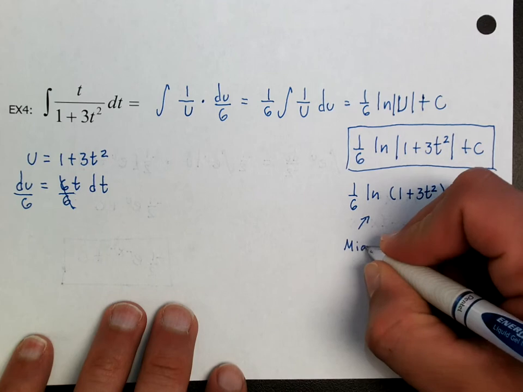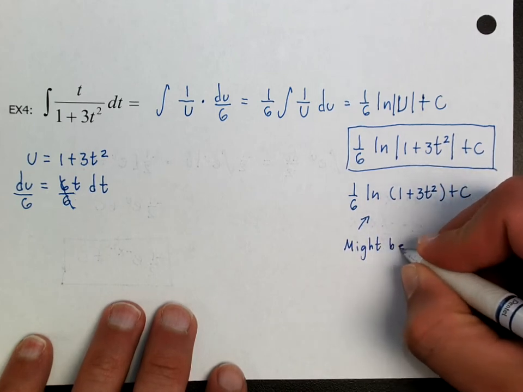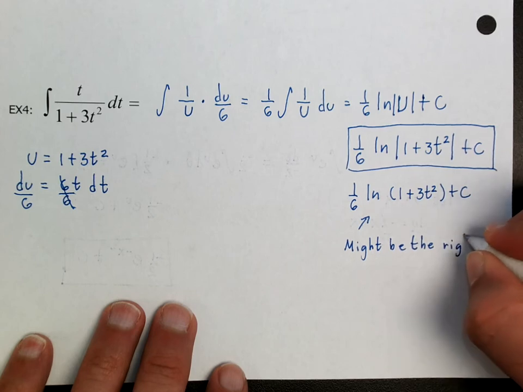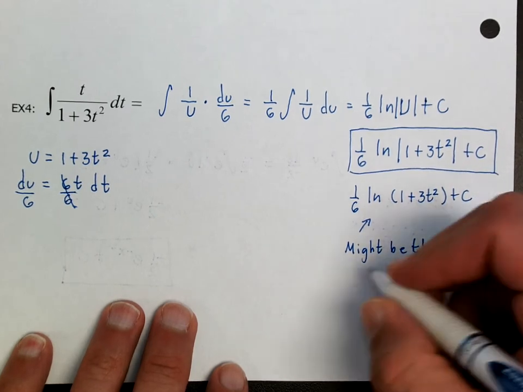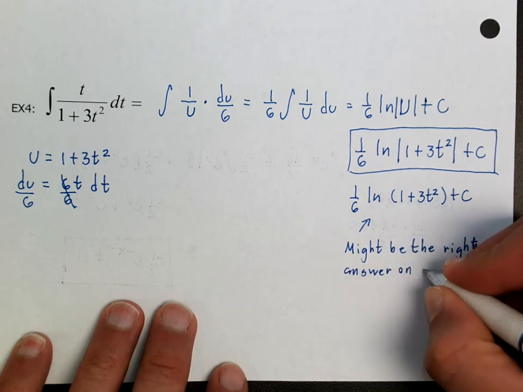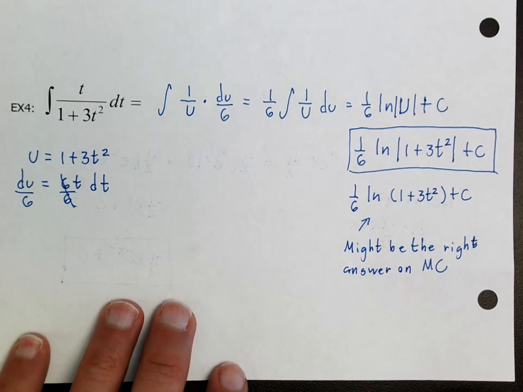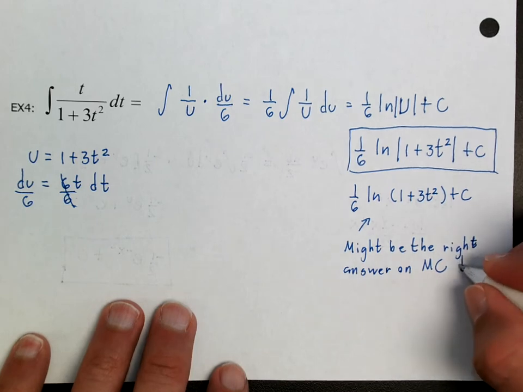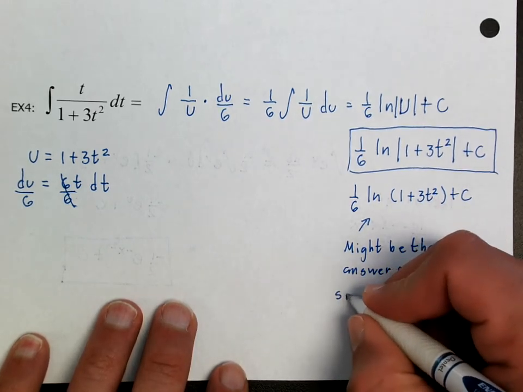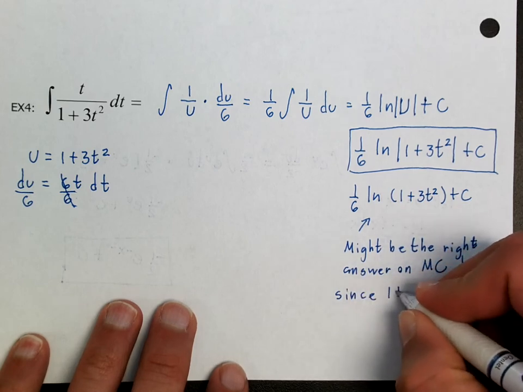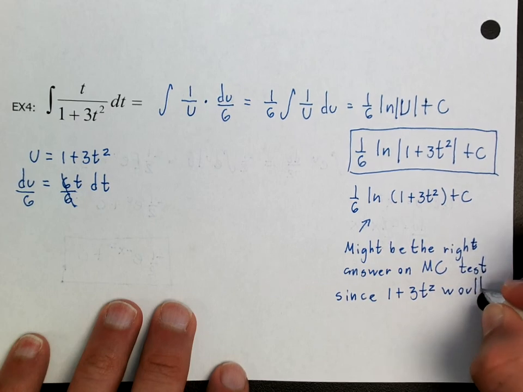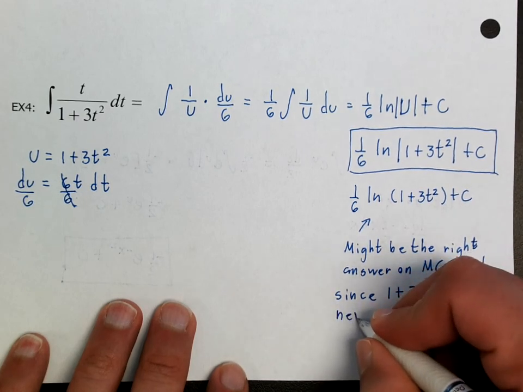This might be the right answer on a multiple choice test, since 1 plus 3t squared would never be negative.